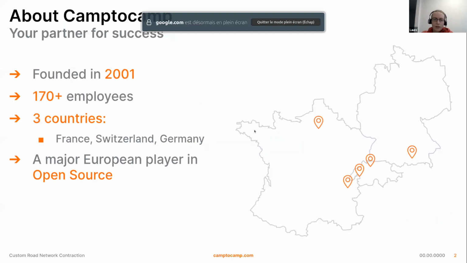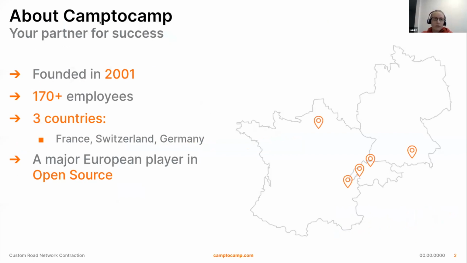A bit about my company. CampToCamp is based in France, Germany, and Switzerland. We have been working for more than 20 years in geospatial solutions, and we are one of the major players in open source in Europe.